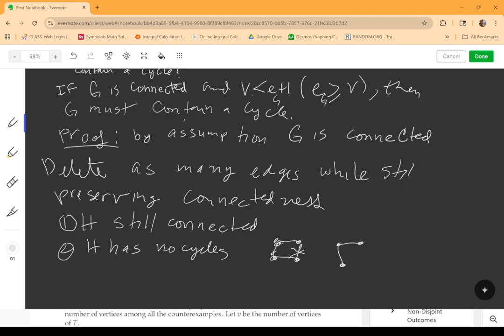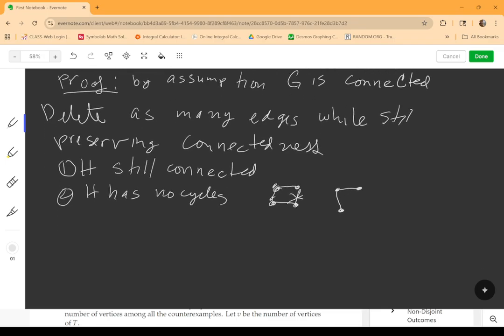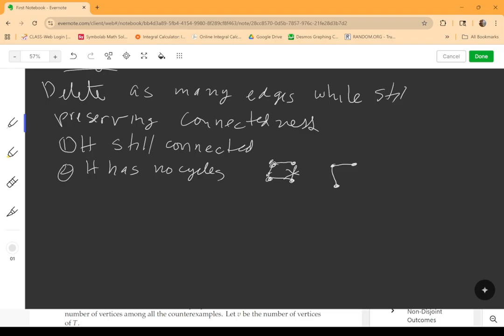Notice at this point, I can't remove any more edges and still be connected. So H has no cycles. From here, H is a connected graph with no cycles.